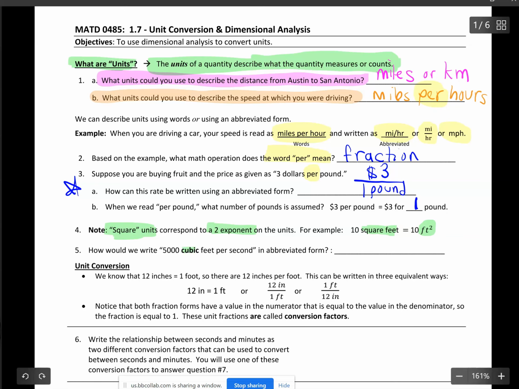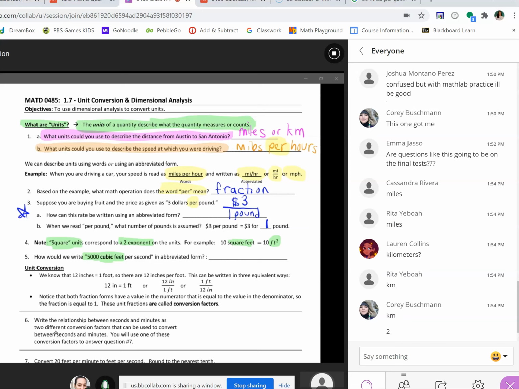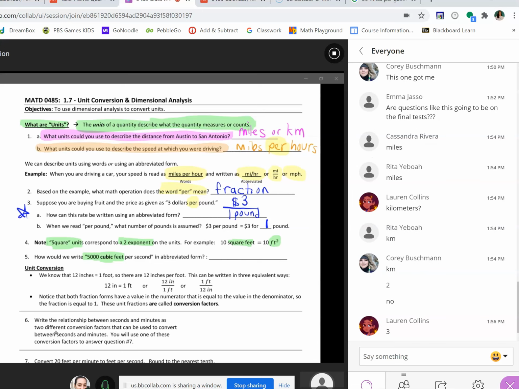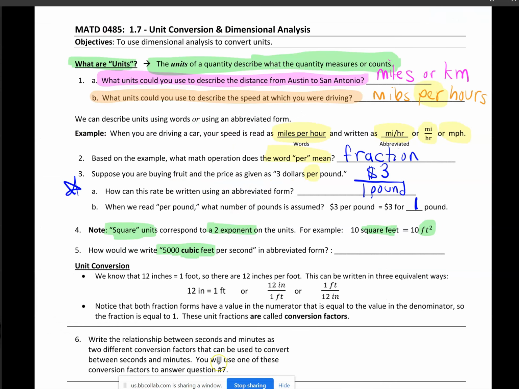If you see the word cubic, so 5,000 cubic feet, what exponent is that? Anyone know? Drop it in the chat. Cubic, what exponent is cubic? Square is 2. Yeah, cubic is 3 because a cube is 3-dimensional and a square is 2-dimensional.